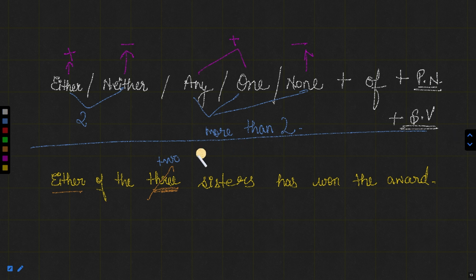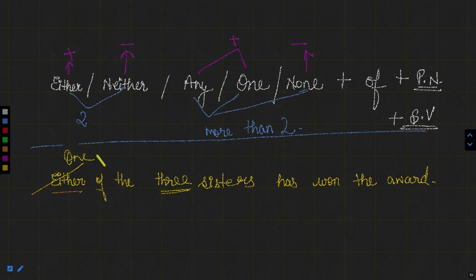Now one more thing. If I am using three over here, I cannot kill one sister. If I have three sisters, I cannot kill one of them, so let them be three only. What do we have to replace? We have to replace this either with one, because one has got the award.